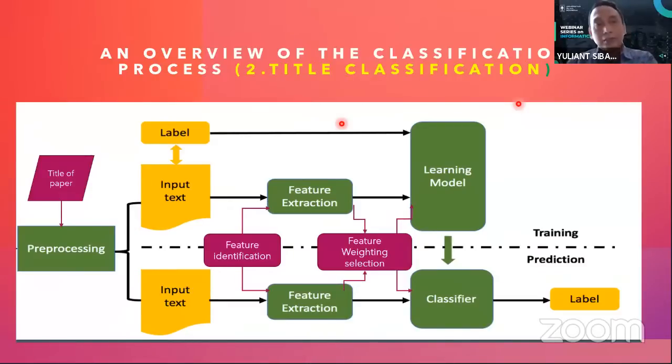The input of this system is the title of the paper. We make some pre-processing here.